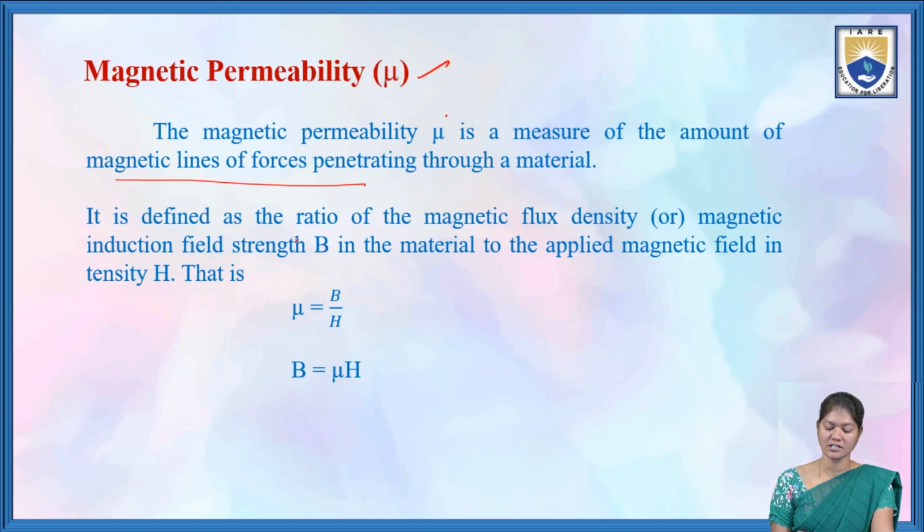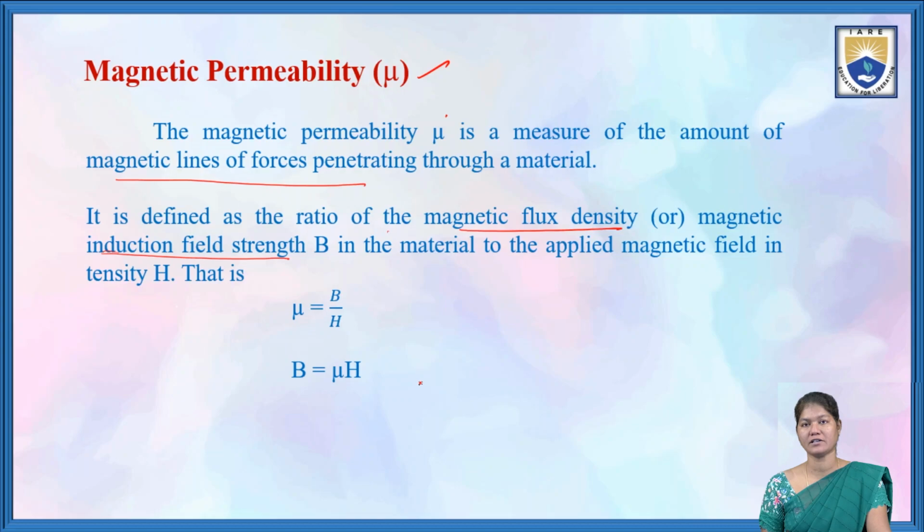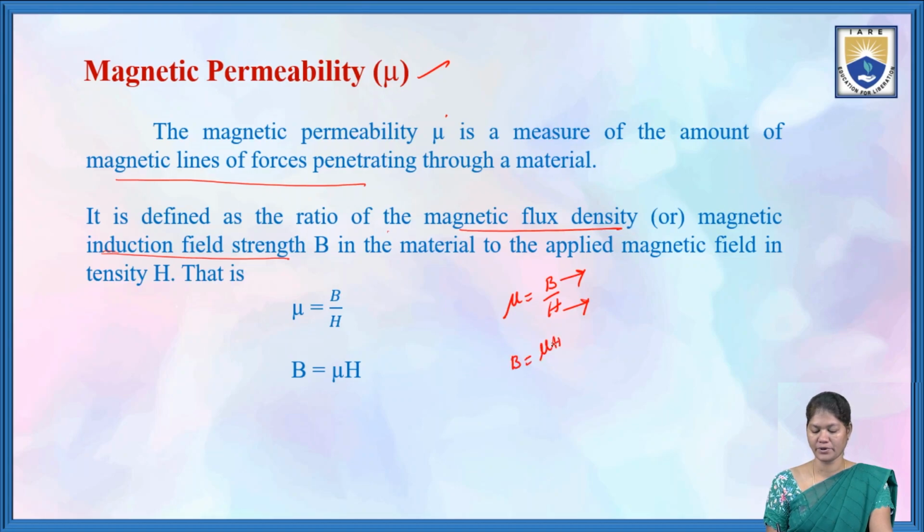It is defined as the ratio of the magnetic flux density B in the material to the applied magnetic field intensity H. So mu is equal to B by H, and from this, B is equal to mu H.